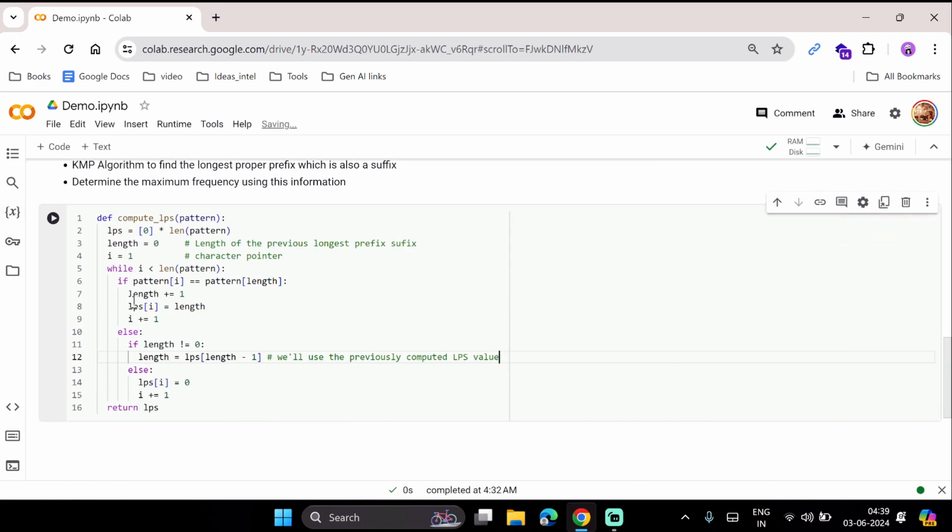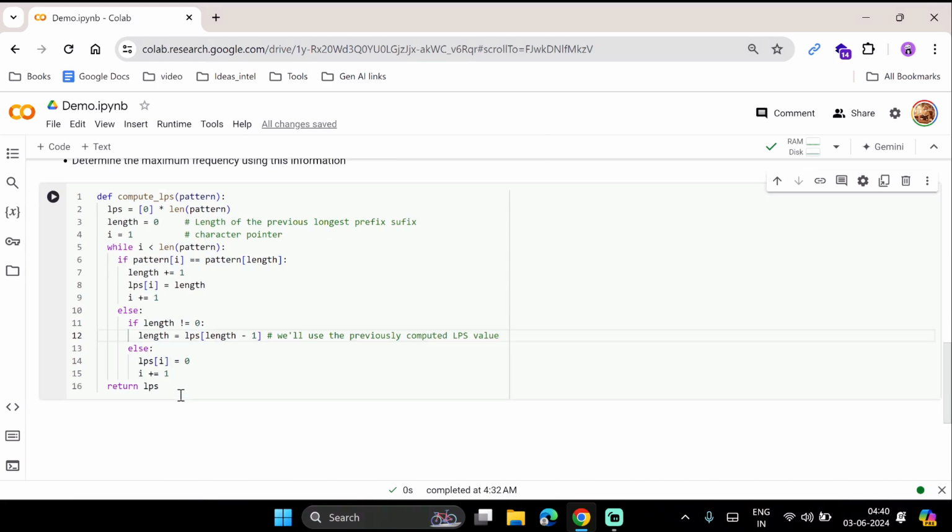That's why we are going back down. And if length is 0, then LPS[i] is also 0, so no proper prefix suffix is found. So we set LPS[i] equals 0 and just move on, right? So this is the array that we are going to find.